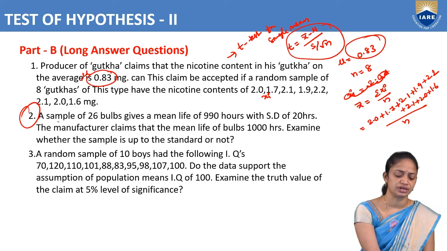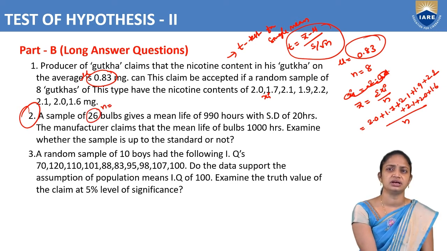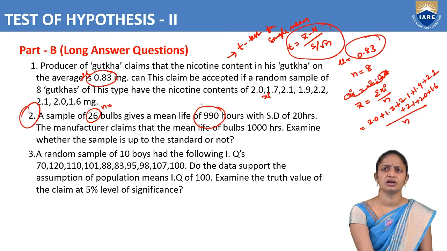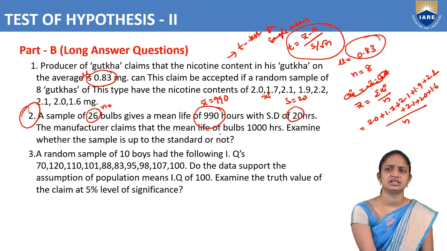So observe carefully: the sample size n equal to 26, the mean life x bar equal to 990, and standard deviation s equal to 20. The manufacturer claims the mean life of bulbs, so that is mu equal to 1000. So we are examining whether the sample is up to the standard or not.